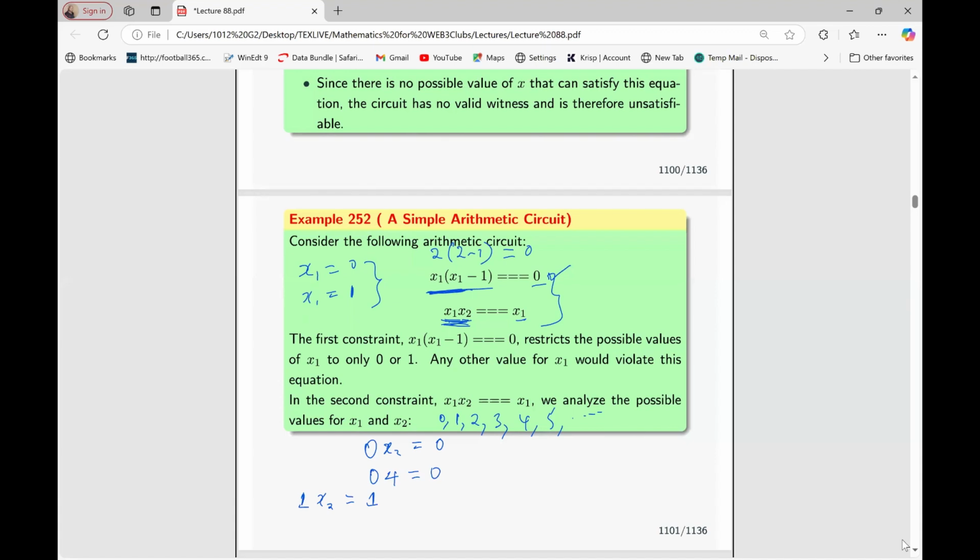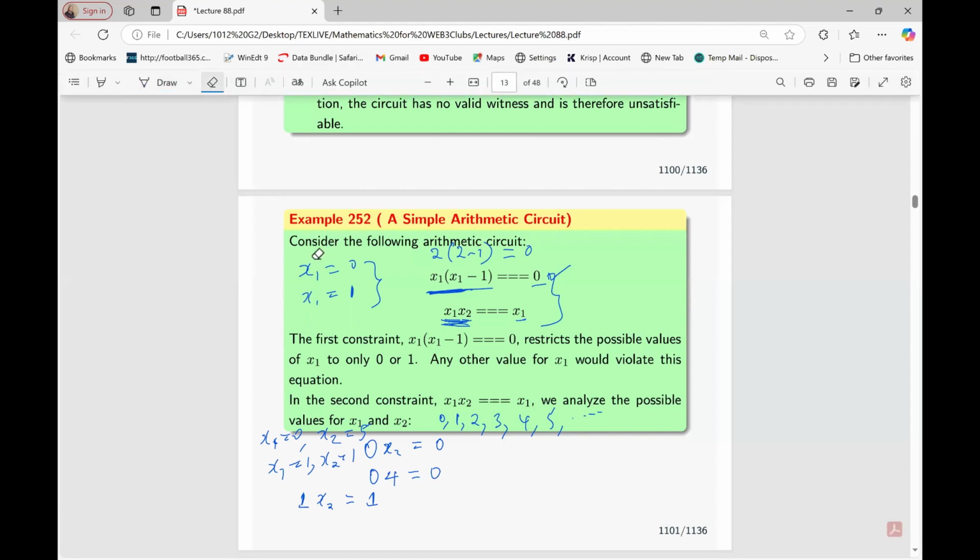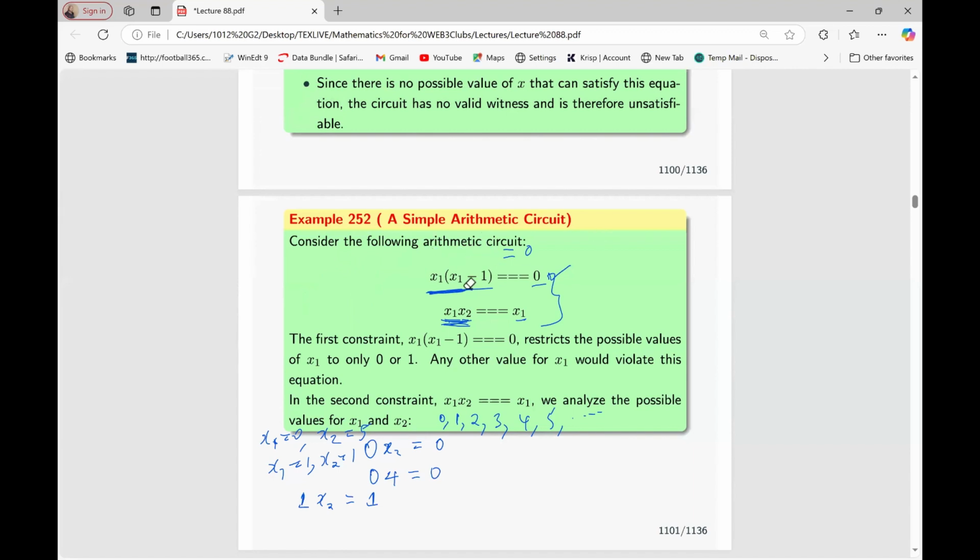So that means if the prover gives you x1 to be 0, then he can give you x2 to be any value, even 5. But if he gives you x1 to be 1, then he's likely to give you x2 to be 1, but not any other value. So we are just trying to understand this constraint and what the prover is likely to give us if we were verifiers.